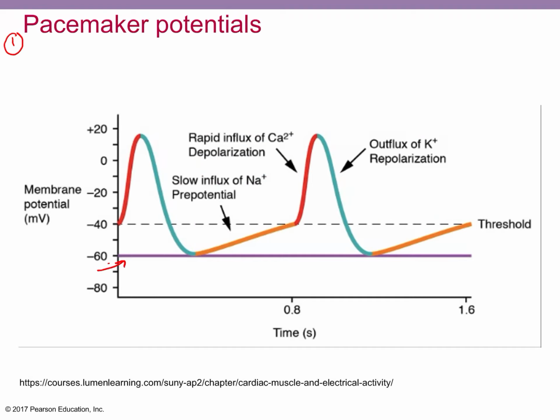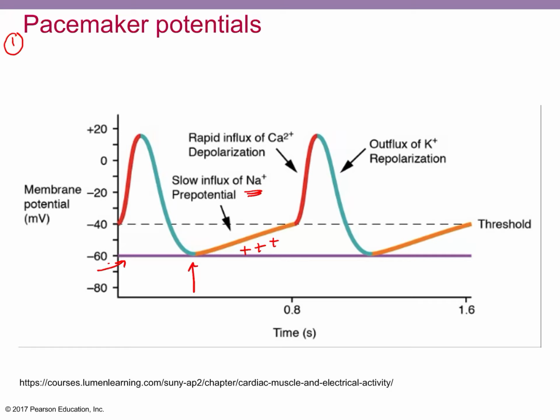So let's just follow the outline. As soon as we have depolarization, there is a slow ramp back up to threshold. Let's start right here. We're starting at resting. Notice that we don't rest for very long, and there is a slow increase in membrane potential, going from negative to positive. There's a slow creep of positive ions coming into the cell.